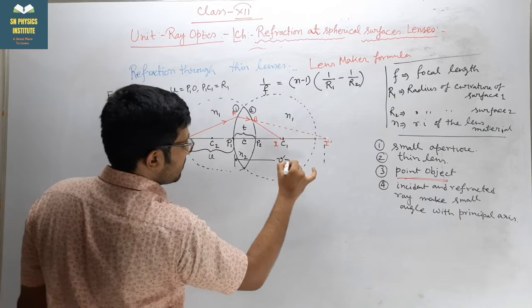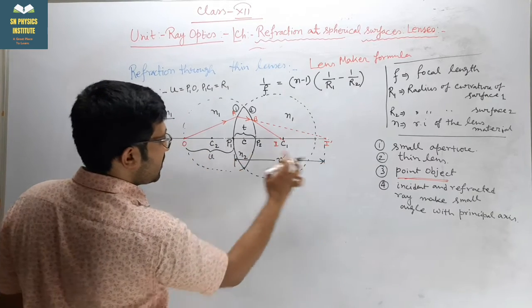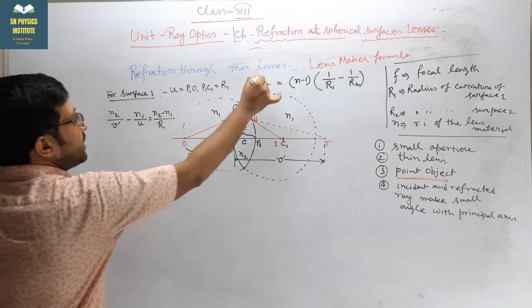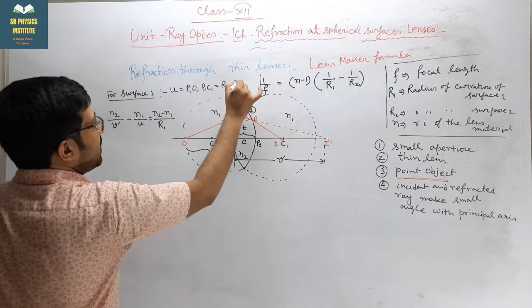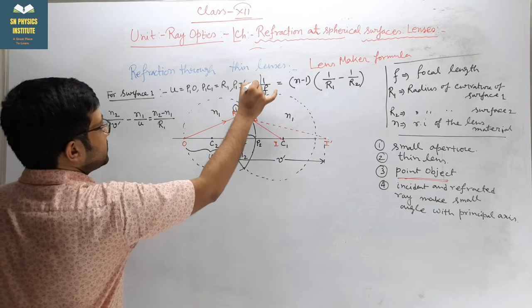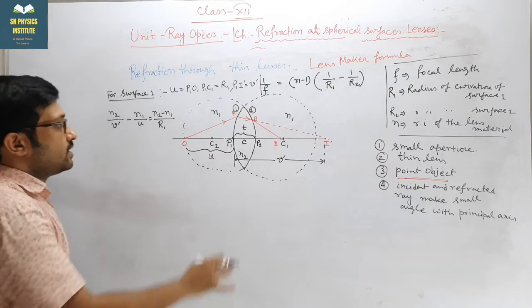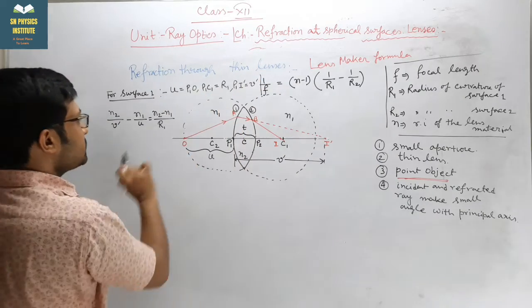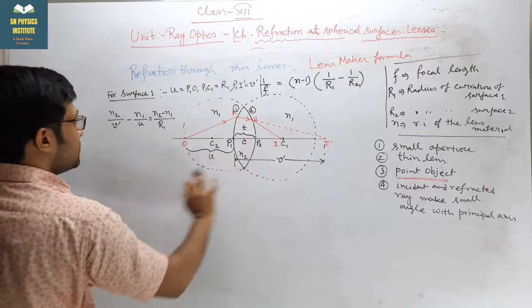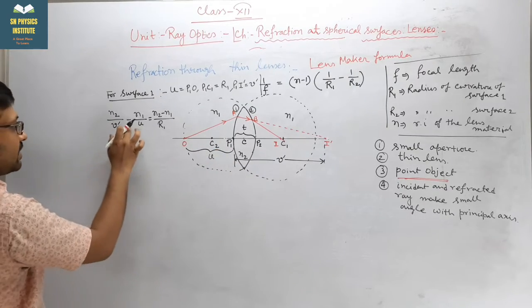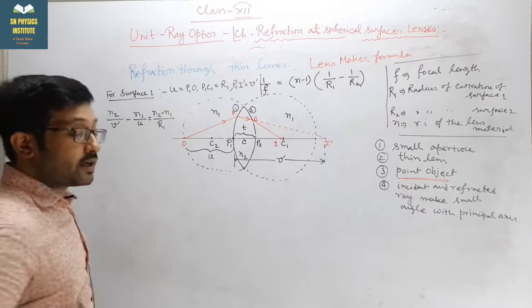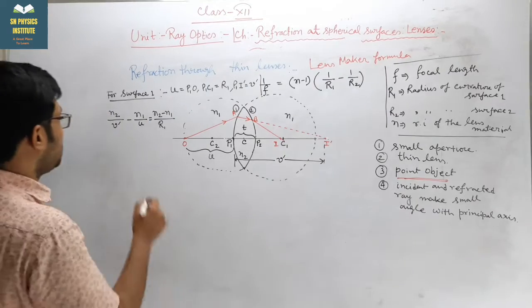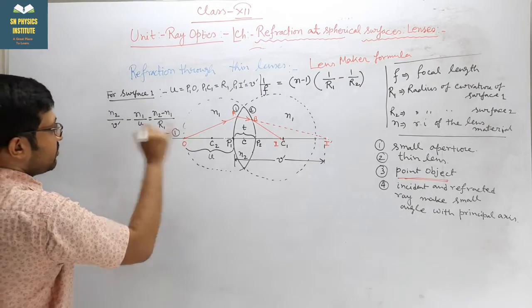So P1I prime is known as v prime. These are the distances for the first surface. So n2 by v prime minus n1 by u is equal to n2 minus n1 by R1. You can put this as equation number 1.